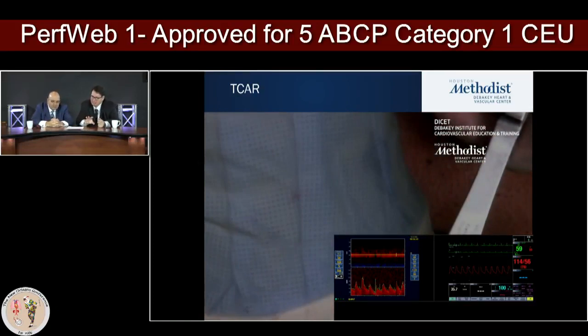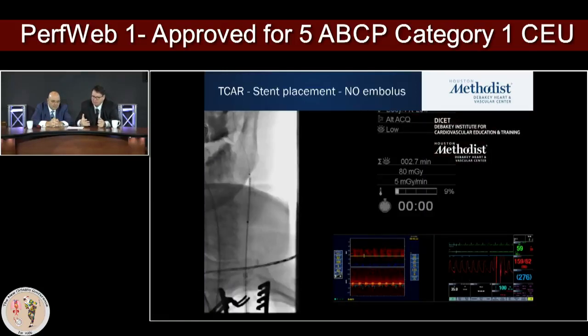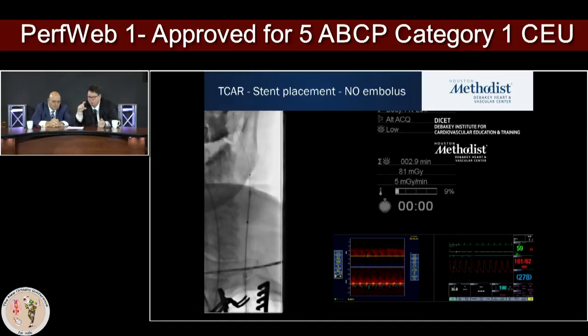Exactly, and I think this is where these video captures are synced, and these are real time, and I think that's the perfect teaching tool for us. And this is, you are deploying a stent. You're deploying, pulling back between those two black dots. What's the TCD signal? You see nothing.